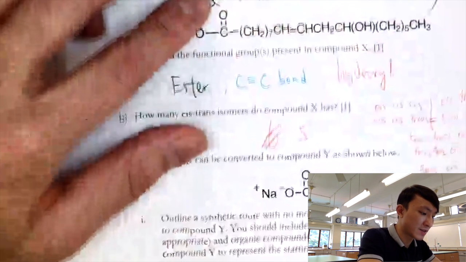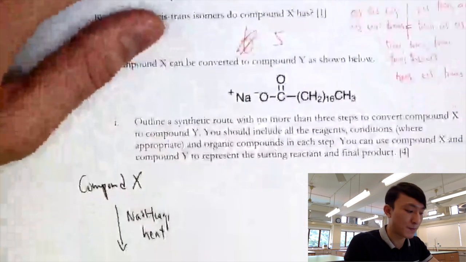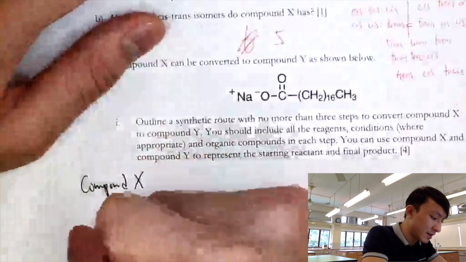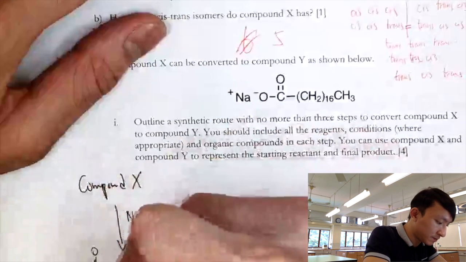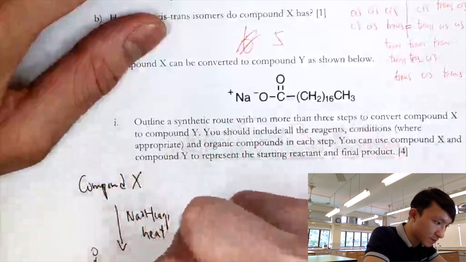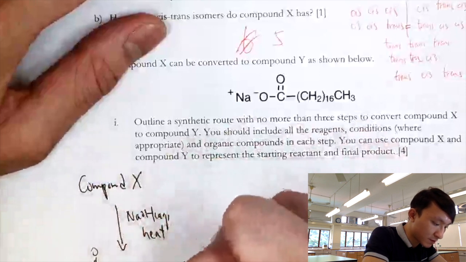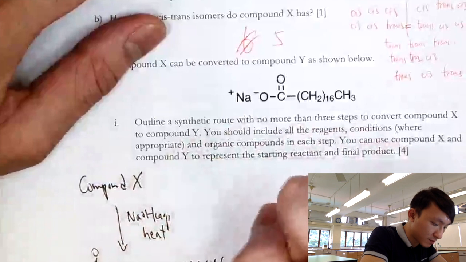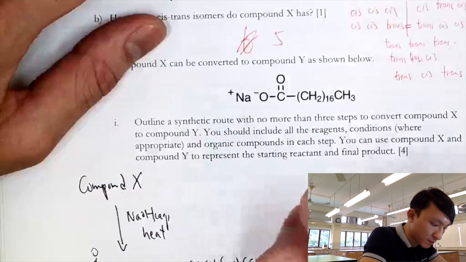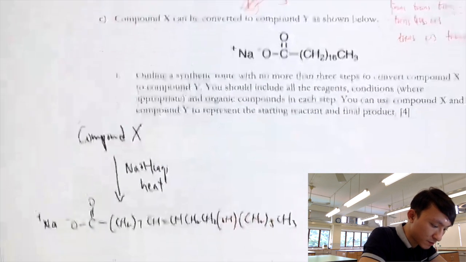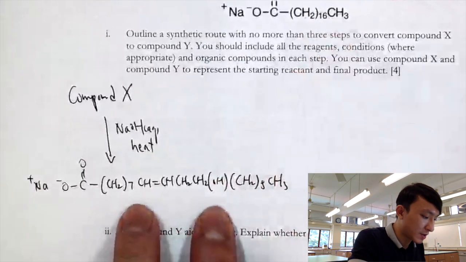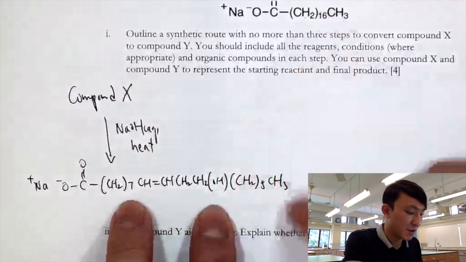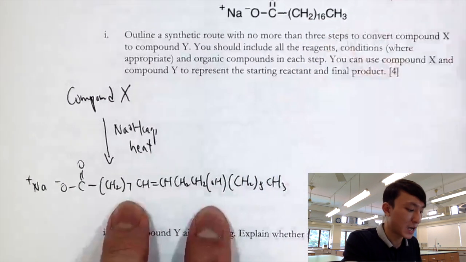So I'm going to copy this whole part down in the form of a carboxylate ion. Okay, so just direct copy. Now you notice that when compared to this one, if you count the number of carbons, they should have the same number of carbons.